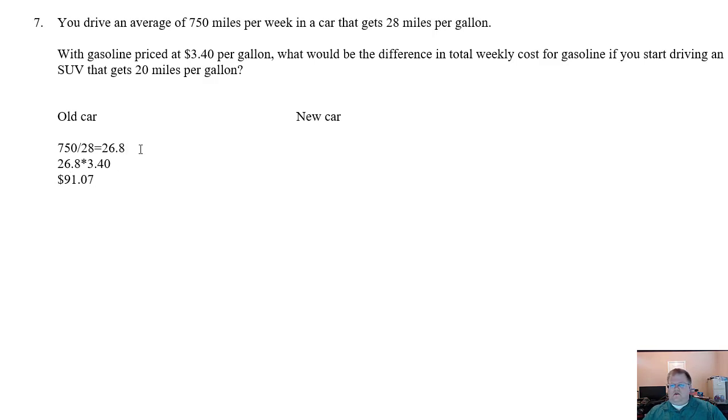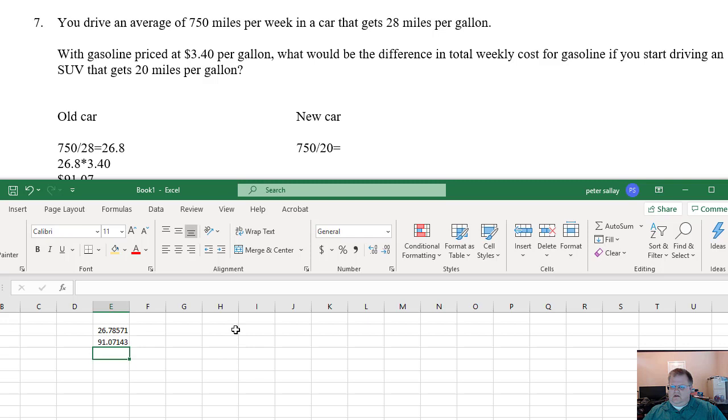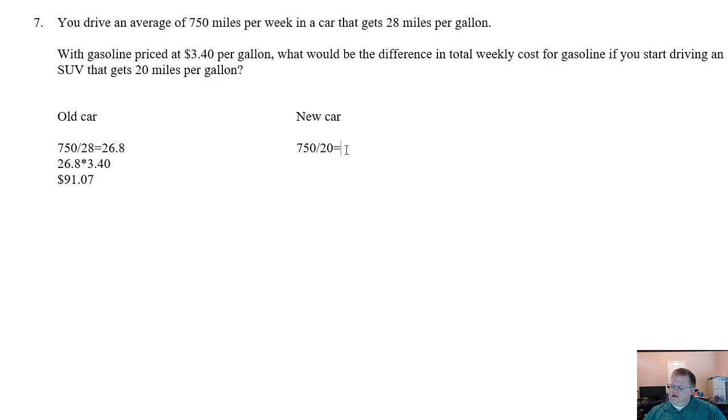All right, on the new car, I'm going to drive the same 750, but this time I only get 20 miles per gallon, so that's a lot worse. It's going to be more expensive. So 750 divided by 20 is 37.5 gallons total.